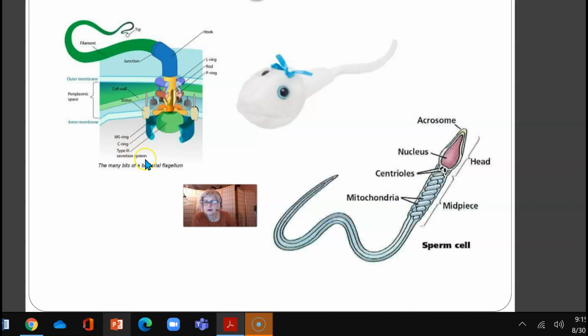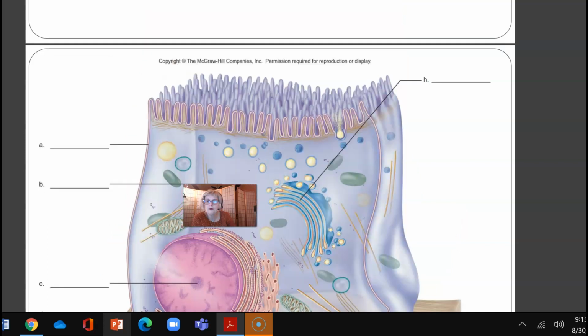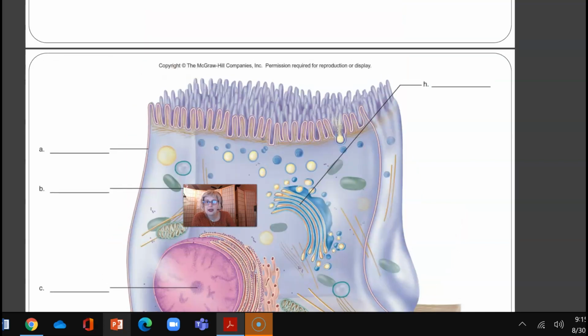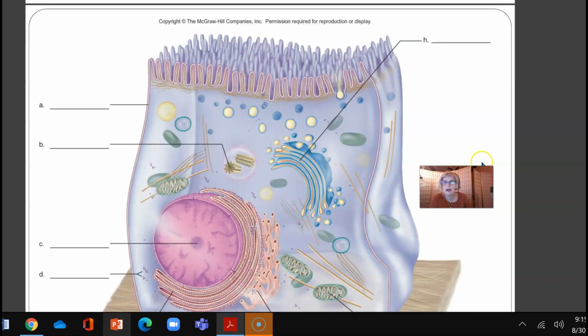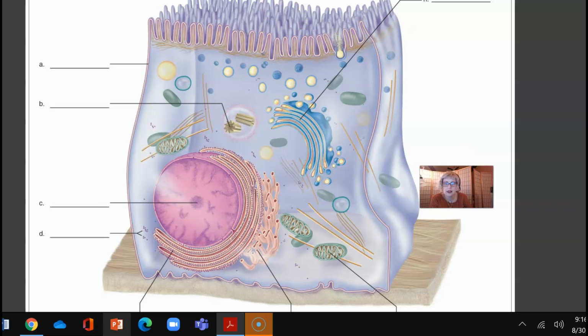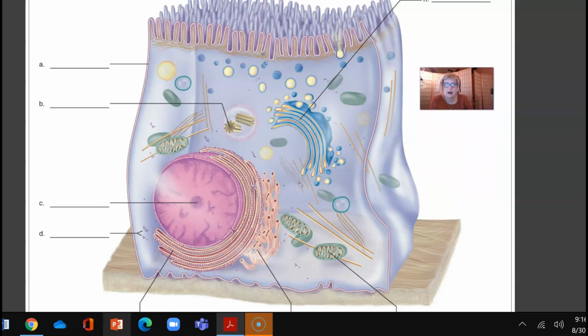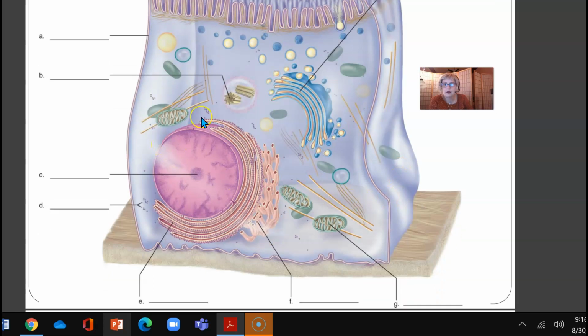All right, so with that said, you have this PowerPoint, which I converted to a PDF file so that we can watch it in virtual classroom and discuss. But I encourage you to study and practice on your own identifying the structures unlabeled. You can find all different kinds of cells online.